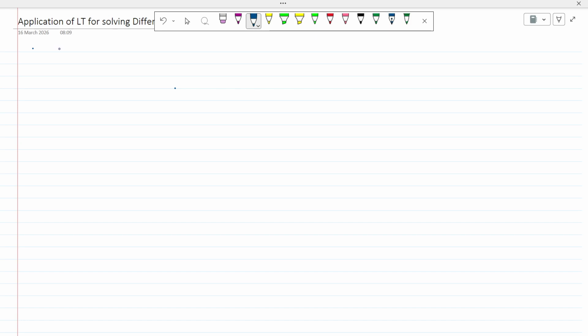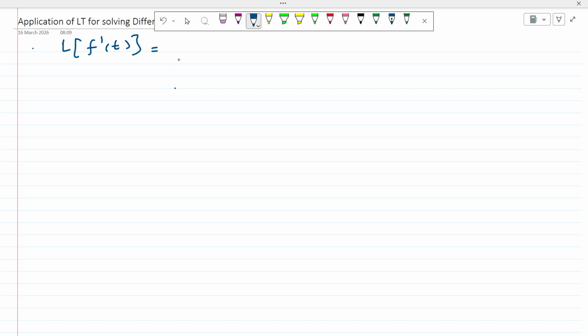For solving the differential equation using Laplace transform, we need two formulas. One is Laplace transform of f dash of t.